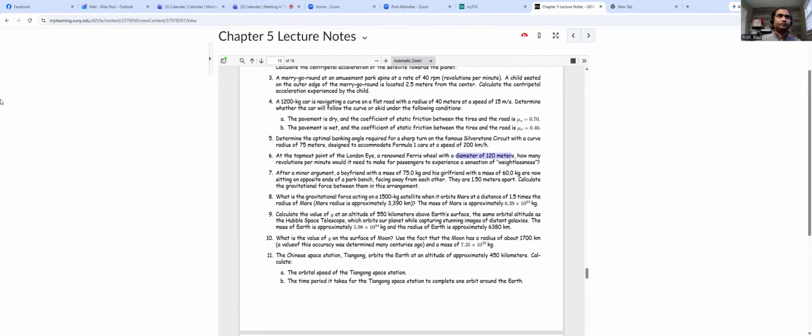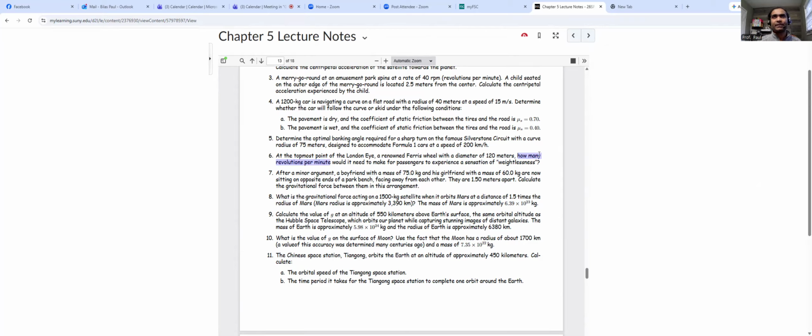And then it says that passengers experience a sensation of weightlessness. What does it mean? Also it asks us to calculate what? How many revolutions per minute. Okay, so revolutions per minute is basically the frequency. So it asks us to calculate the frequency.